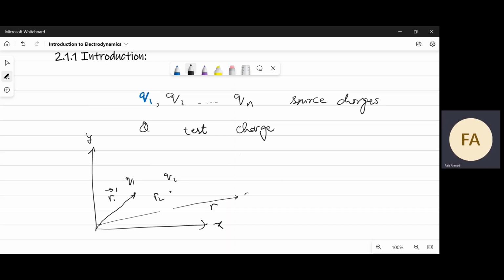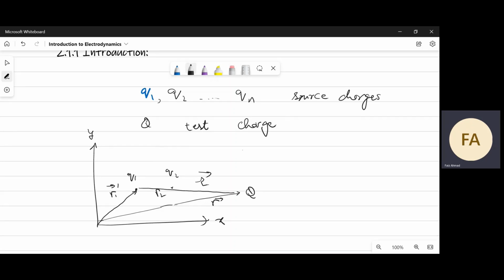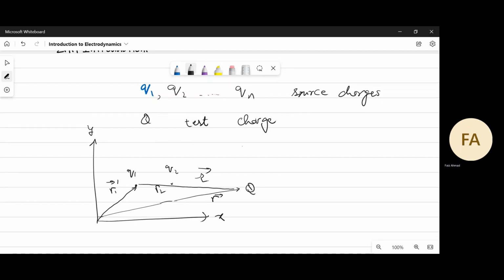This is R, the position vector of the test charge. So we will denote R prime for the sources and R for the test charge, and the separation between these two vectors is denoted by the separation vector. So the fundamental problem is to find the force on charge Q due to all the charges Q1, Q2, Q3, Q4, ..., Qn.